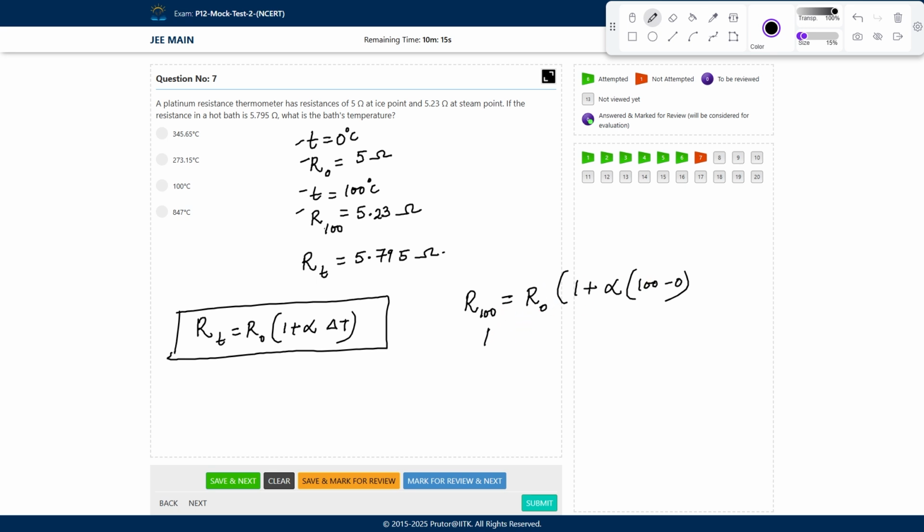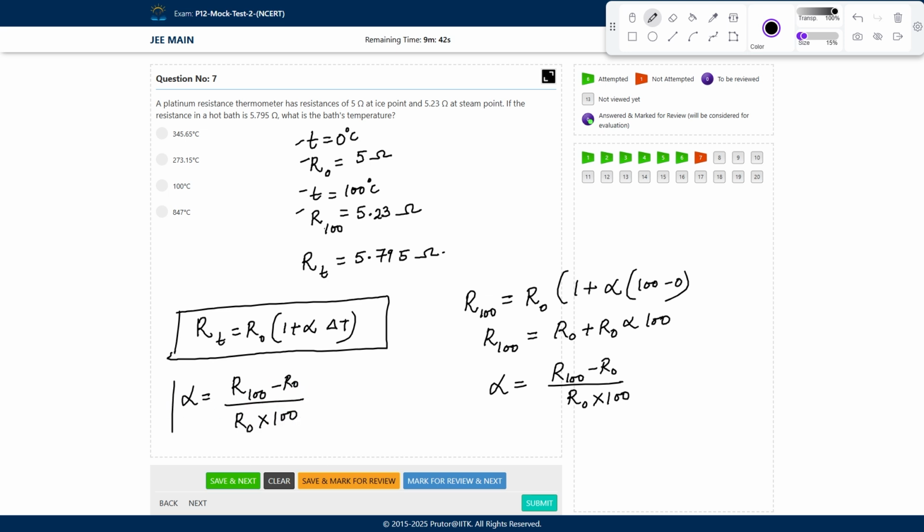So we can find alpha from here. Multiply R0, so it will become R0 alpha 100. So alpha will be R100 minus R0 upon R0 into 100.